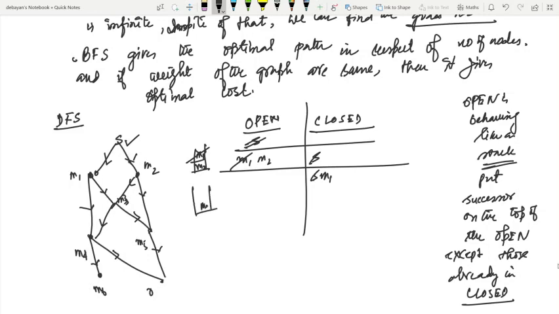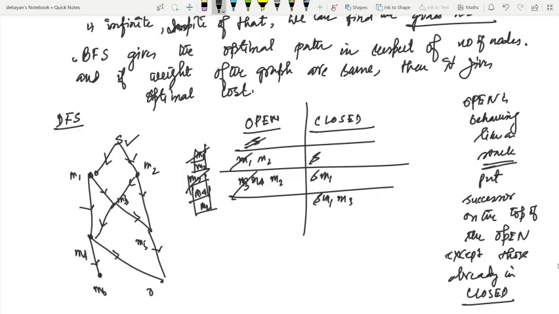In that stack we put the neighbors of M1, which are M3 and M4. You can put them in any order, so M4 and then M3, so it should be M3, M4 and M2. Since it is a stack, M3 will be popped out and put in closed.